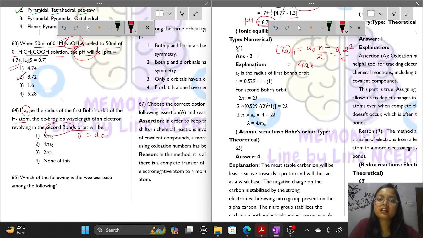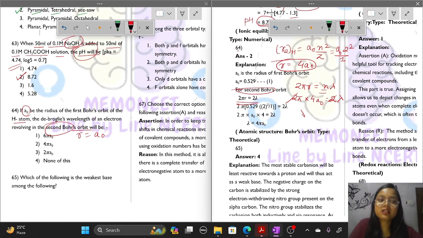Now for the second Bohr orbit, the formula is 2 pi r equals n lambda. So 2 pi stays as it is, r we have calculated to be 4A naught, and for the second Bohr orbit n is 2, so the 2 will get cancelled out.